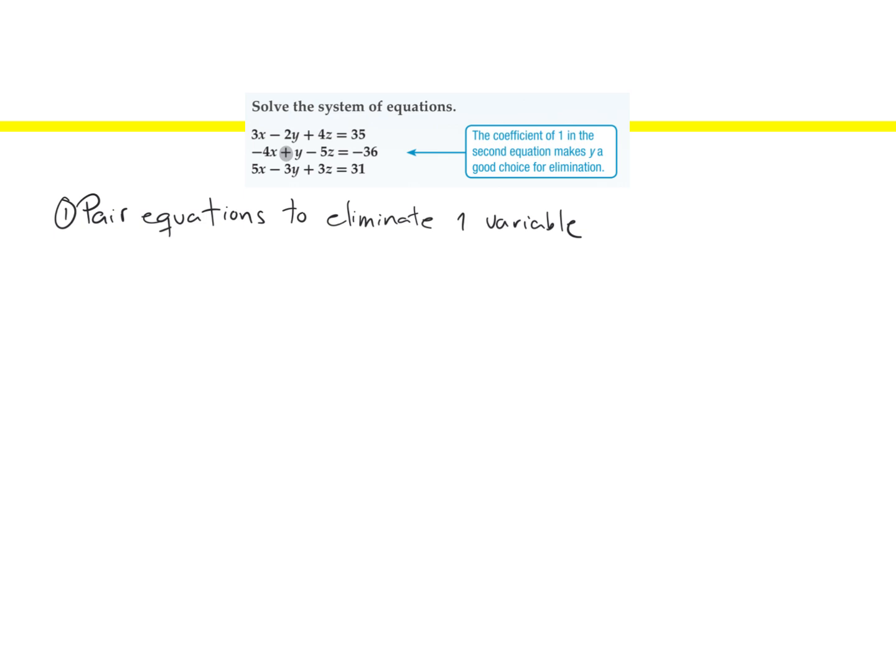It's going to be 3x minus 2y plus 4z equals 35. And I'm going to pair 4x plus y minus 5z equals negative 36. Since I chose to eliminate y using equation 2, I'm going to pair it off again with equation 3. Let's call these equation 1, equation 2, and equation 3.